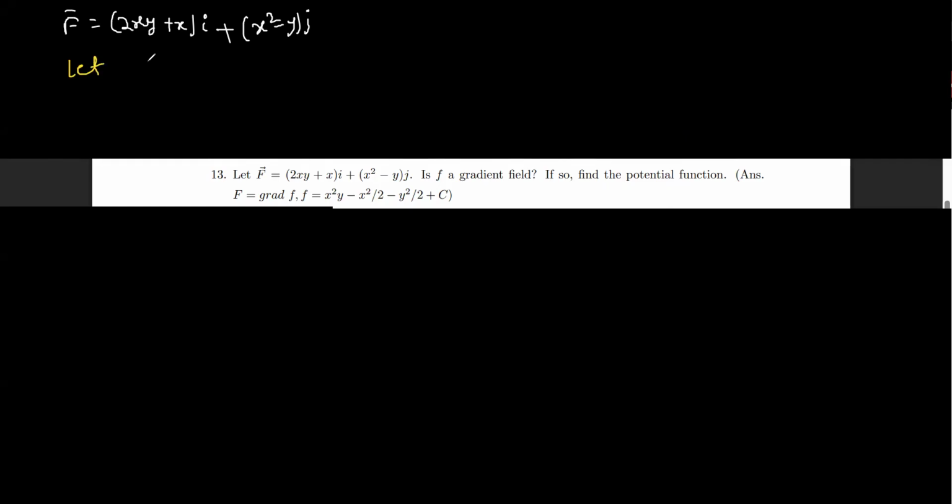So let the potential function be phi, right? So grad phi is nothing but vector f, right? Okay.